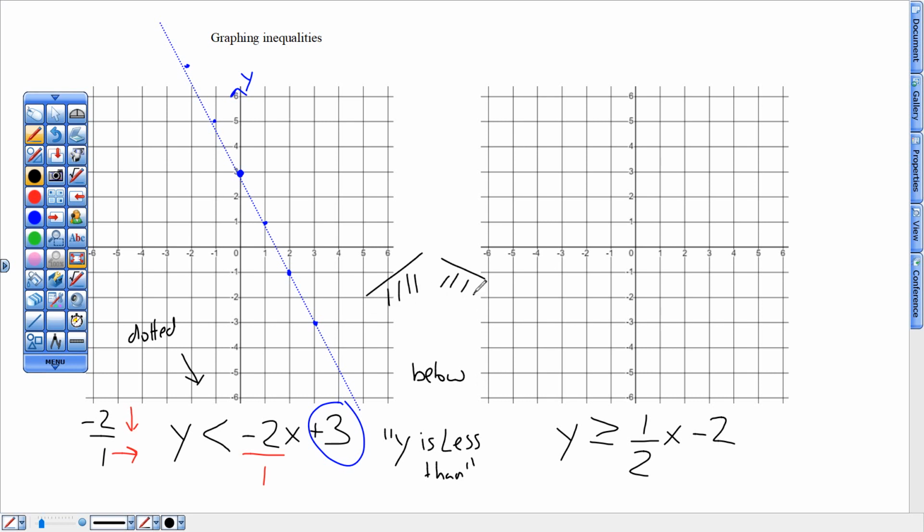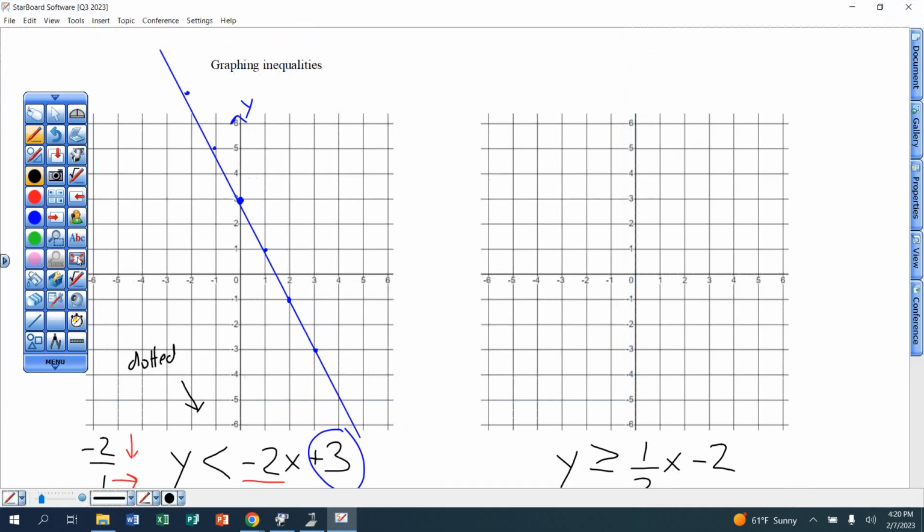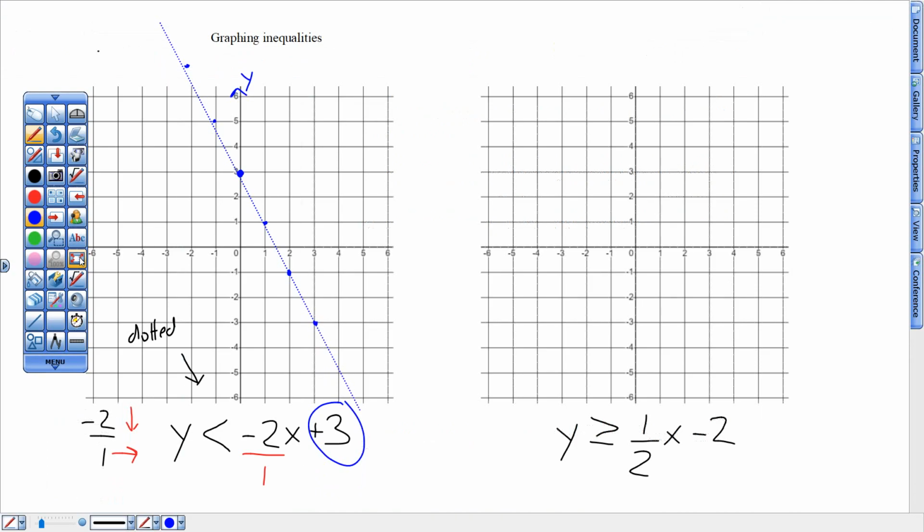So this one is less than, and I'm going to make that dotted. Sorry about that. There we go. And then that dotted zone is below. I shade below. Every single point in this shaded zone is a solution to this inequality.